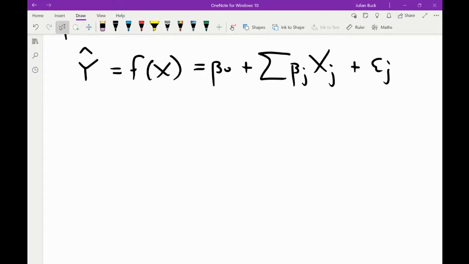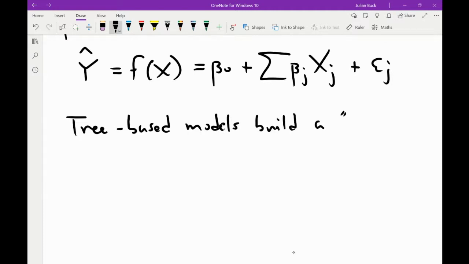Now, that's not exactly how chess algorithms or other game algorithms work, especially in the modern context, but it's the rough right idea. And so tree-based models actually do something kind of similar. So what they do to make their predictions is they build what's called a tree diagram.